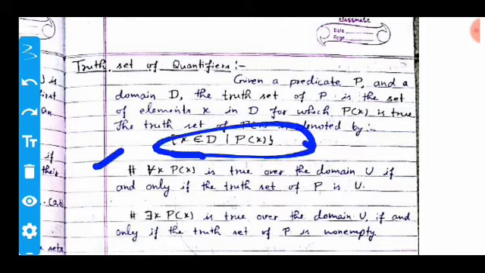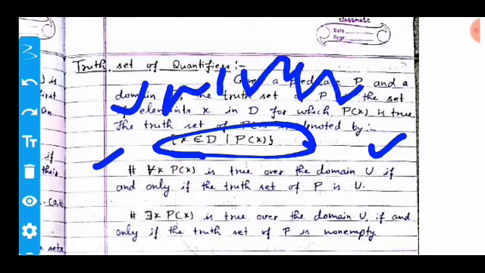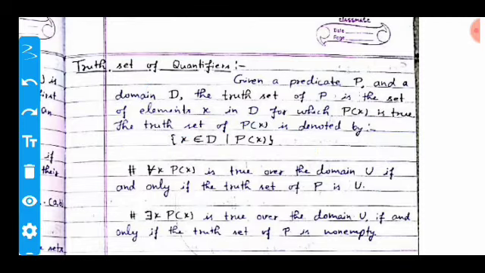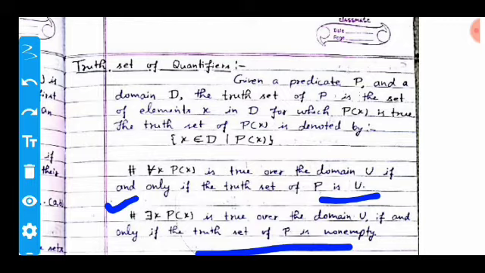For all x, P of x is true over the domain U, where U represents your universal set, if and only if the truth set of P is U. There exists x, P of x is true over the domain U if and only if the set of P is non-empty.